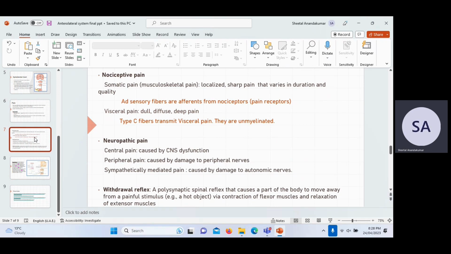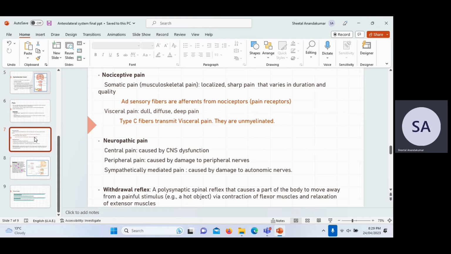Then we have neuropathic pain. Neuropathic pain can be divided into central, peripheral, and sympathetically mediated pain. Central pain is generally caused by some CNS dysfunction. This could be mainly triggered by lesions produced by an ischemic stroke. And then we have peripheral pain, which is caused by damage to the peripheral nerves.